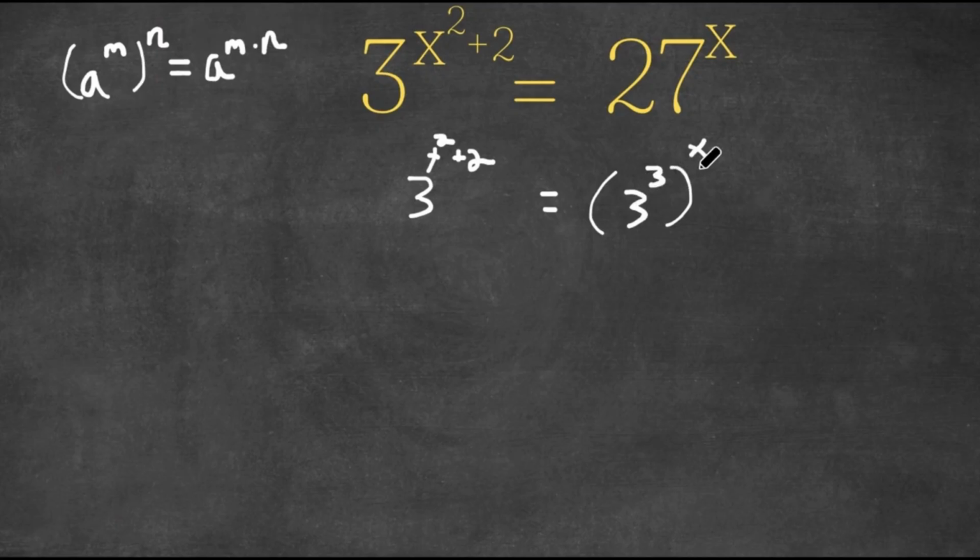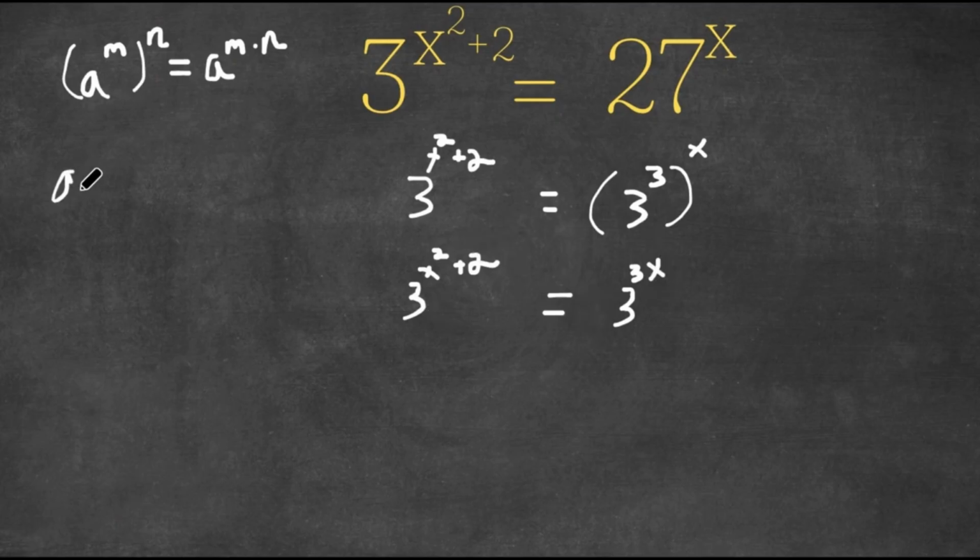So if we have 3 to the power of 3 to the power of x, this is actually equal to 3 to the power of 3 times x, which is simply just 3x. And this is equal to 3 to the power of x squared plus 2. Now, because our bases here are the same, that means our exponents are the same as well.